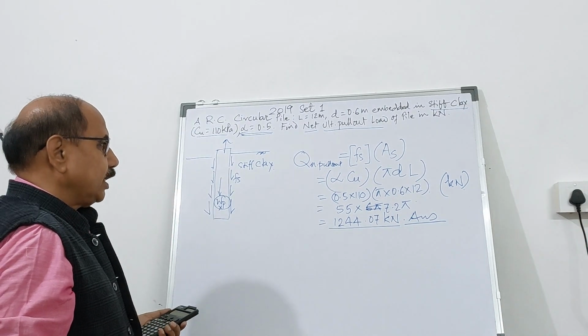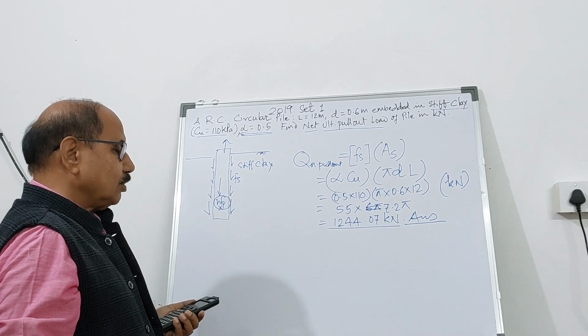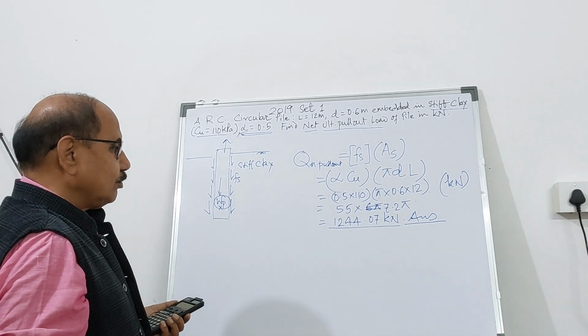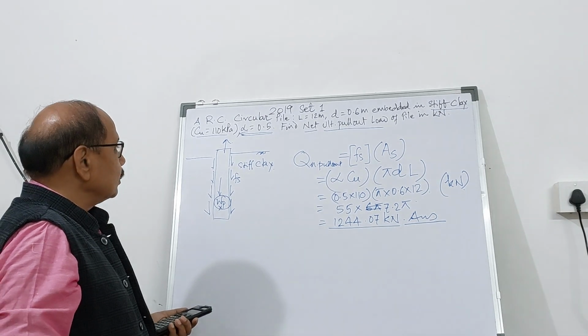So net pull-out capacity of this pile is so much of kilonewton or 124.4 tons. So good capacity.